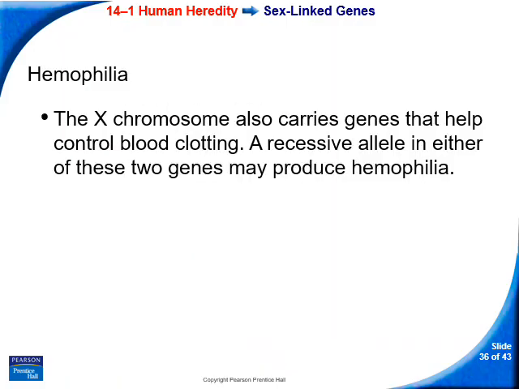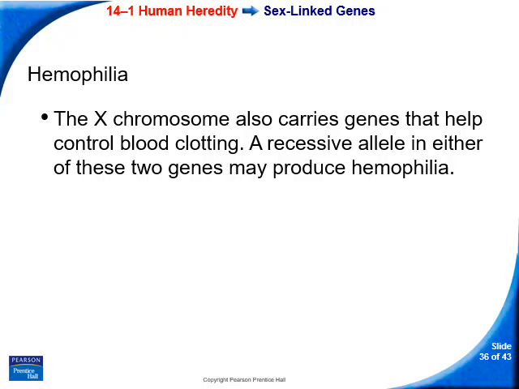Hemophilia is the same thing. It's also an X-linked gene that helps control blood clotting. This recessive gene renders a person unable to produce blood clotting factor number 8, which is the anti-hemophilic factor.